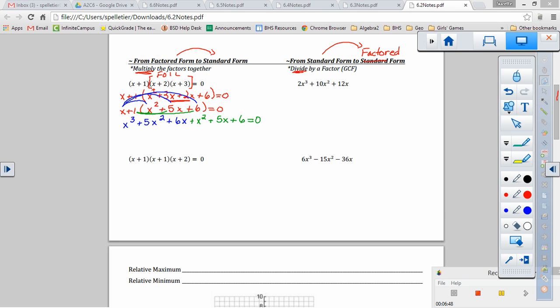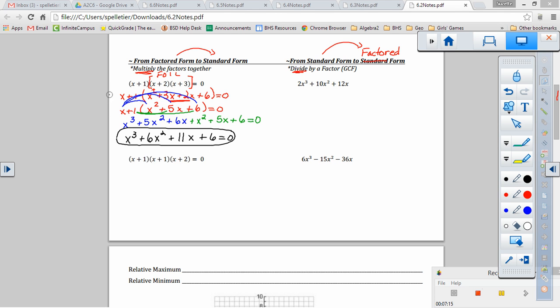And then what we do from here is we combine all of our like terms, remembering to put them in descending order. So x to the third, I have no other x to the thirds. 5x squared plus another x squared gives me 6x squareds. I have a 6x and a 5x. Put them together gives me 11x, and then plus 6 equals 0.